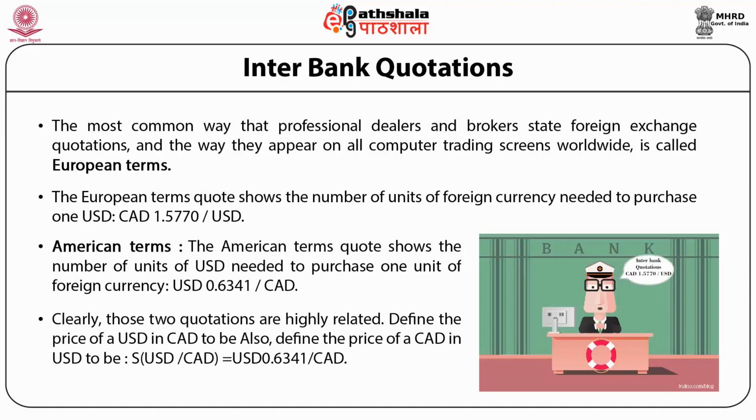The price of US dollar in Canadian dollar also defines the price of Canadian dollars in US dollars. If we need to convert the US dollar into Canadian dollar or Canadian dollar into US dollar, we need simply to multiply the rate of one currency to the number of units.